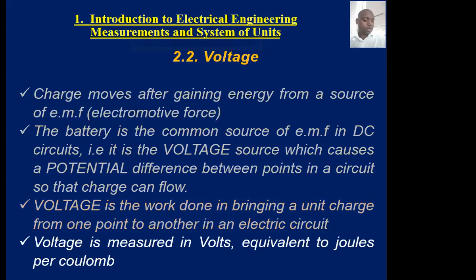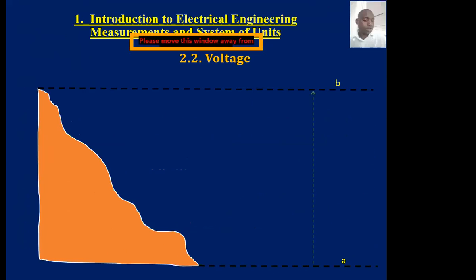So voltage is measured in volts and it is equivalent to joules per coulomb. Remember I said work done per unit charge. So volts are also equal to joules per coulomb, right?